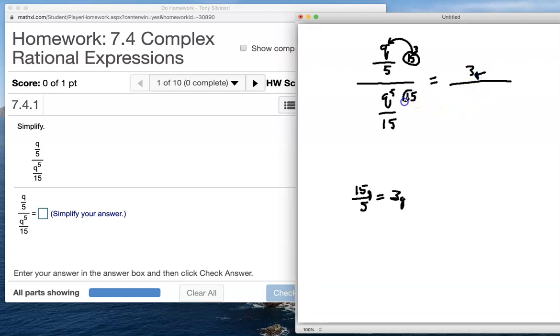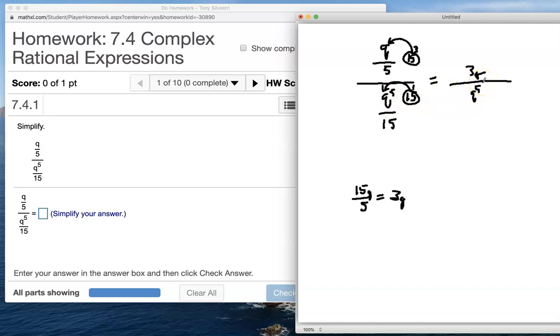Let's do a circle and point technique for this fraction now. 15 goes into 15 one time. So the value of this arrow is 1. It meets up with the q to the 5th to give you q to the 5th. Now, this fraction is equivalent to what we had here, but with no baby fractions.